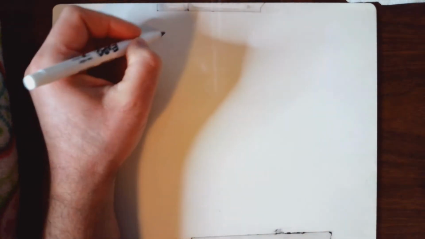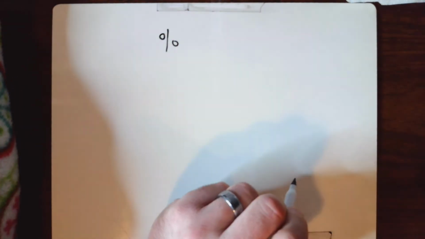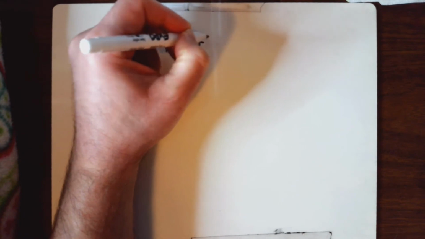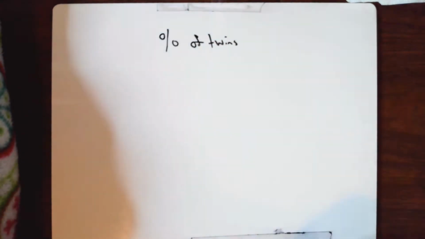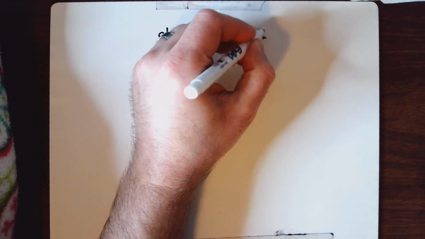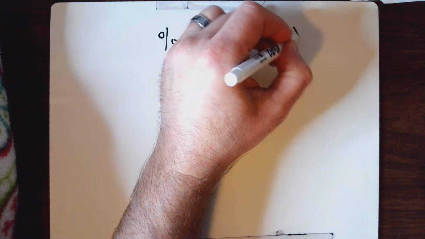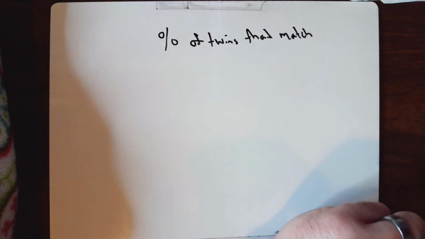So first thing about concordance. A lot of you were expressing that you're not even quite comfortable with what concordance is. Well, concordance is the percent of twins. And this can be identical monozygotic twins or fraternal twins, which are dizygotic. The percent of twins, and probably the easiest way to say it, is it's the percent of twins that match for a trait.